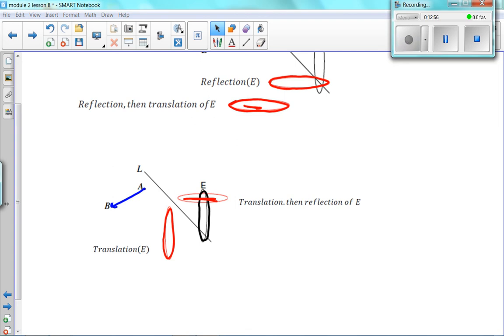So when watching the video, you should have noticed, or it should have been reinforced to you, the idea of sequencing, of doing reflection, rotation, translation, the order of those. Now you can pause the video and do the exercises 4 through 7. Those are the exercises on S42 and S43. You need your transparency.